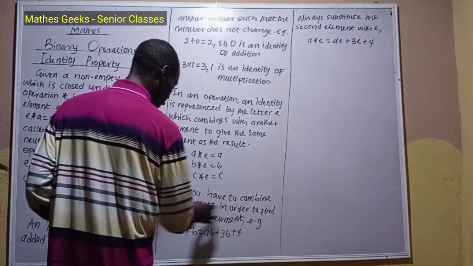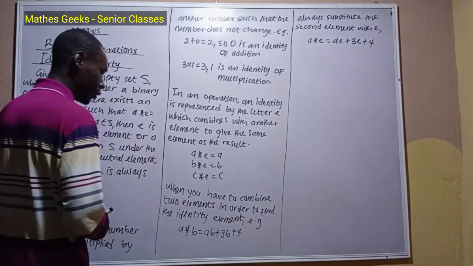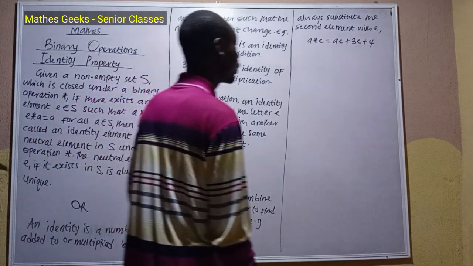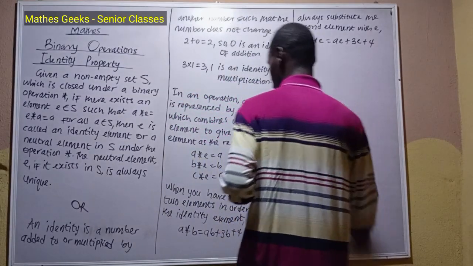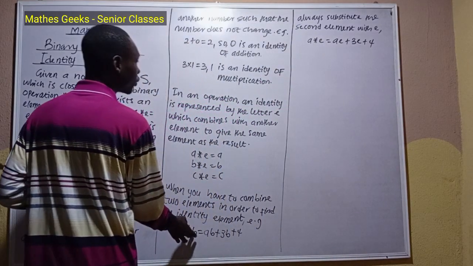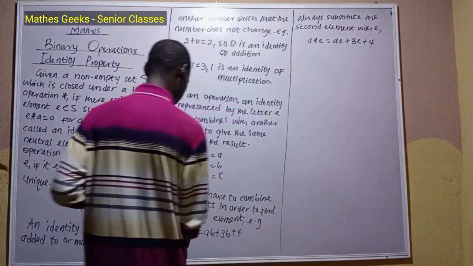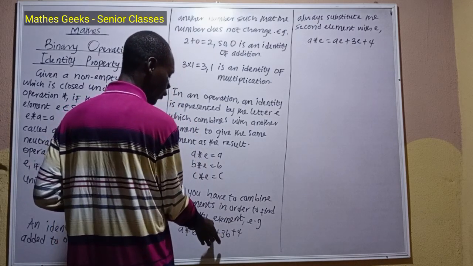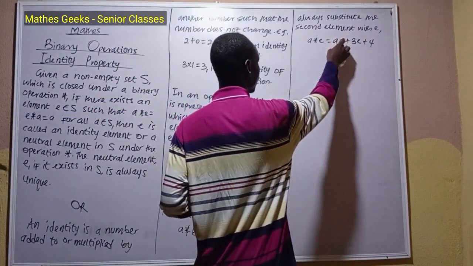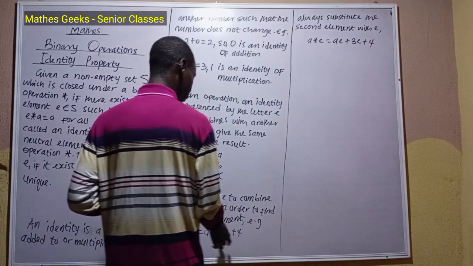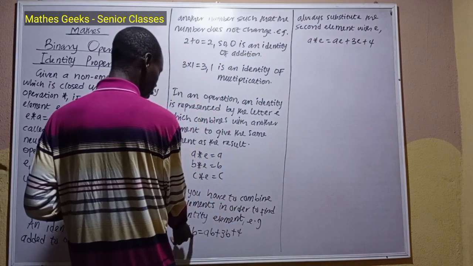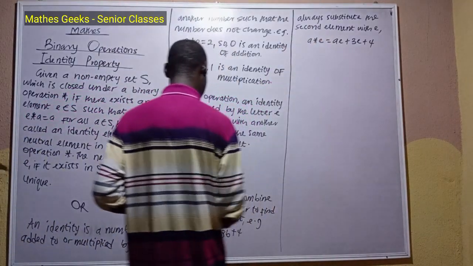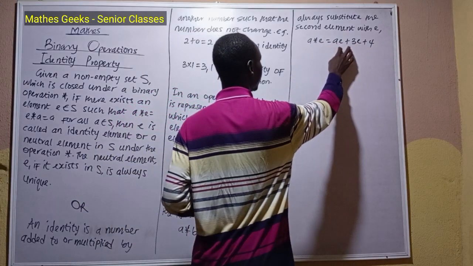When you have to combine two elements in order to find the identity element, for example A star B equals AB plus 3B plus 4, always substitute the second element with E. So this second element here, you put your E. Instead of A star B, it becomes A star E. So where you have B, you replace it with E. So the function becomes AE plus 3E plus 4.